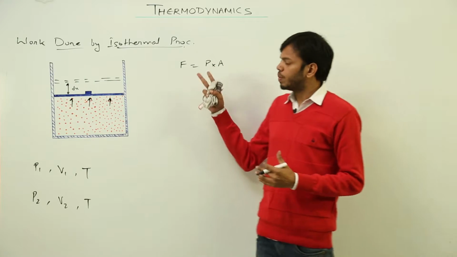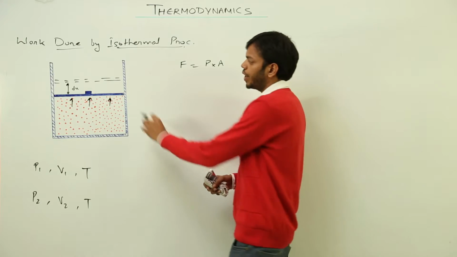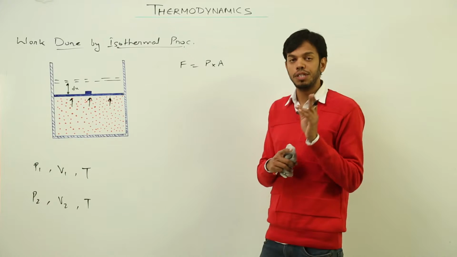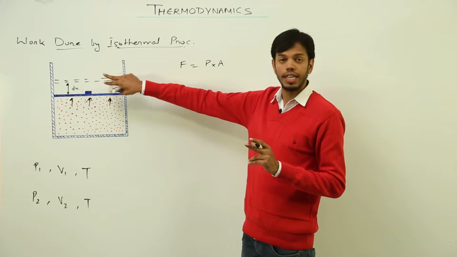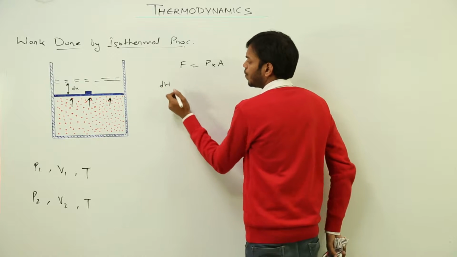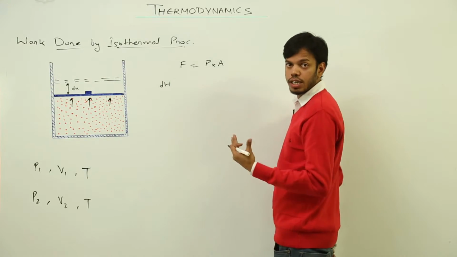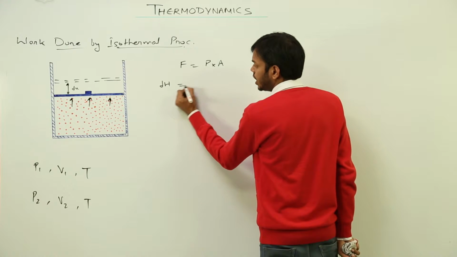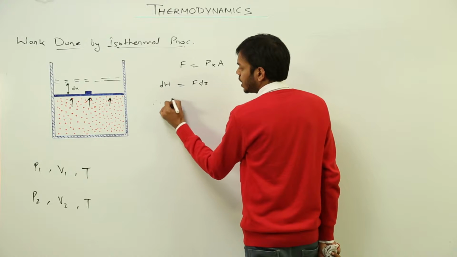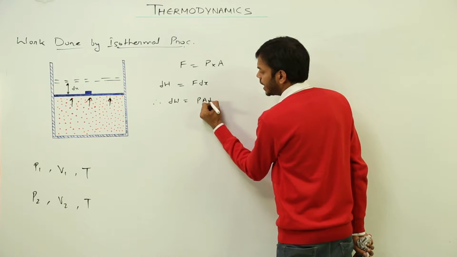Considering the process to be isothermal, let's say there is no change in pressure for a very small expansion. That means P is also constant for a very small change. So the small work done dW for a small move of the piston, that is the small distance dx covered by the piston, would be dW equal to F dx, right? That means dW will be equal to, instead of F, PA dx.